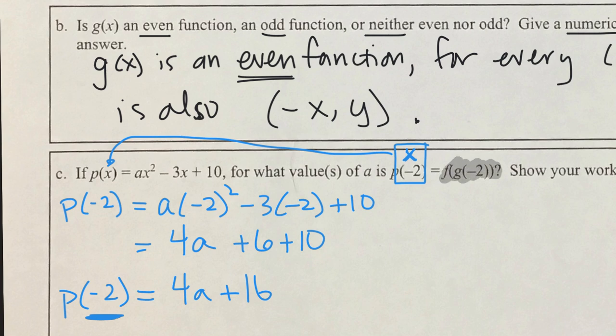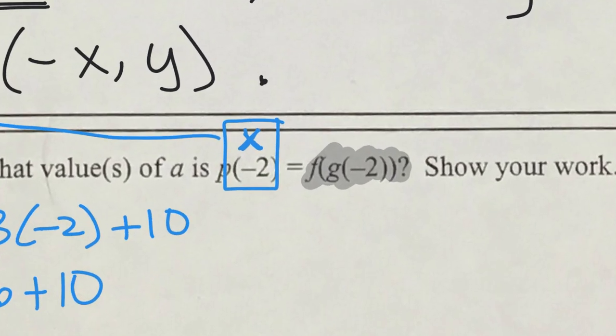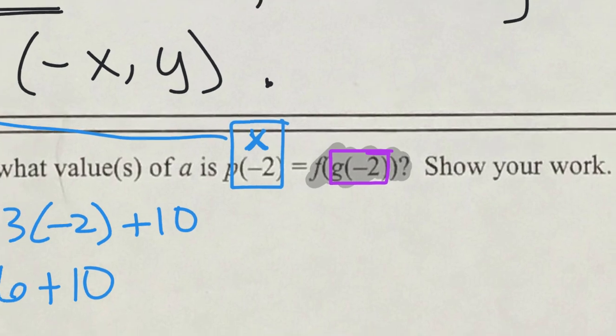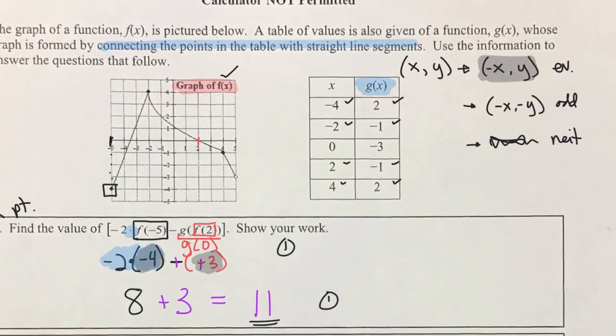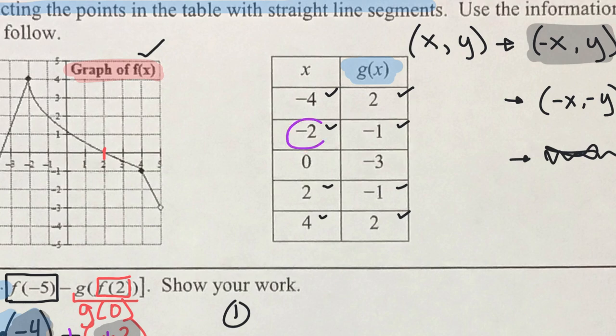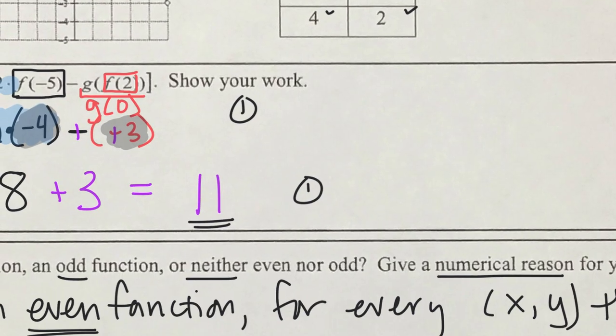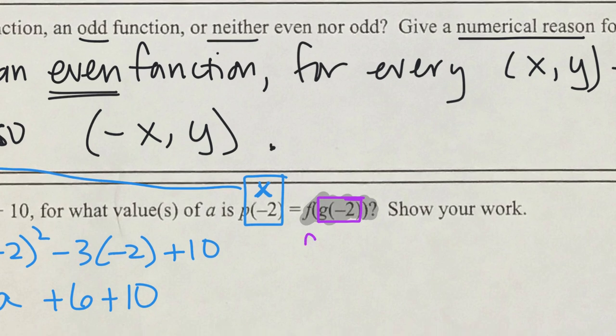So we're going to apply this composition. We're going to compose this function. First of all, we go to g at -2. What is the y value from the g table when x is -2? When x is -2, the g value is -1. So first of all, I replace this with -1.